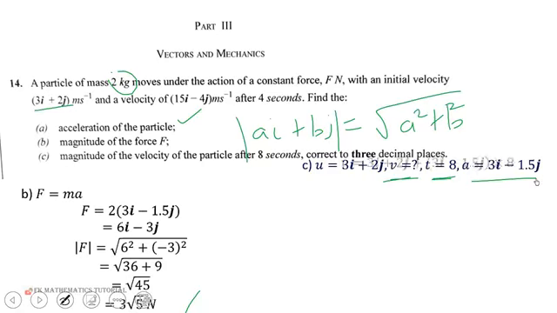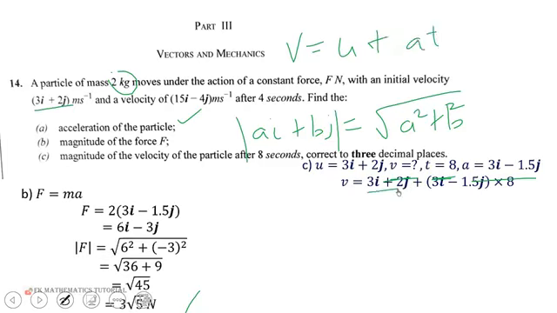So we still use v equals u plus at. We substitute the u and the a, and we simplify. So when we multiply 8 by 3, we get 24i, minus 12j.